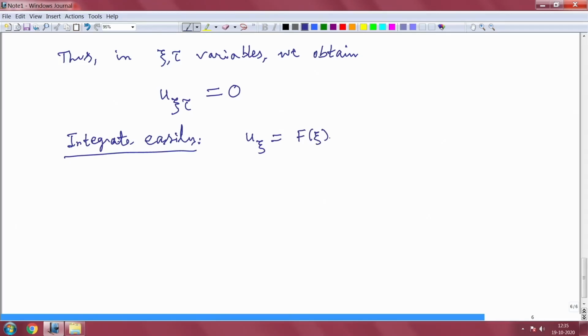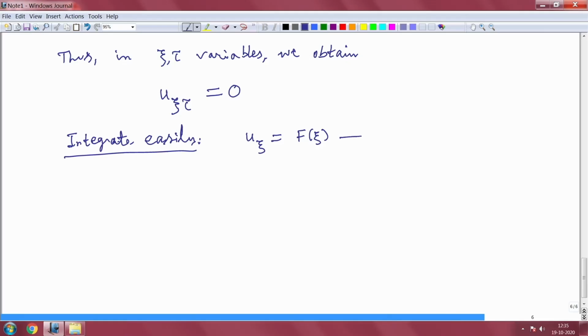And one more integration. When I integrate with respect to xi, I get another function of xi, but the constant of integration can be a function of tau.